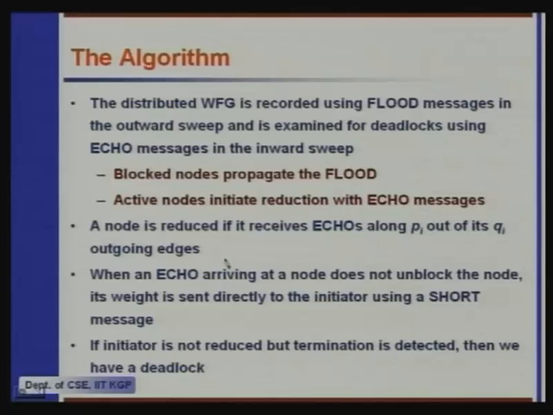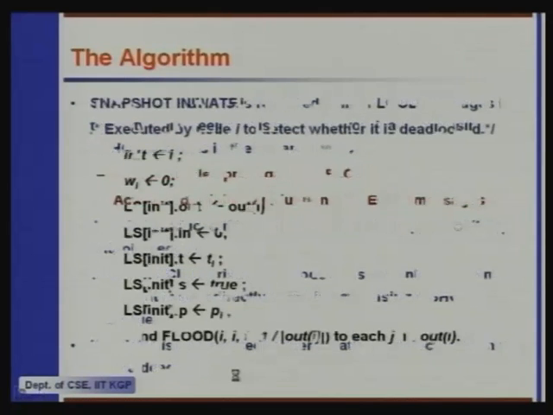When an echo arriving at a node does not unblock the node, its weight is sent directly to the initiator using a short message. If the initiator is not reduced but termination is detected, then we have a deadlock. Now let us go into the actual algorithm details.